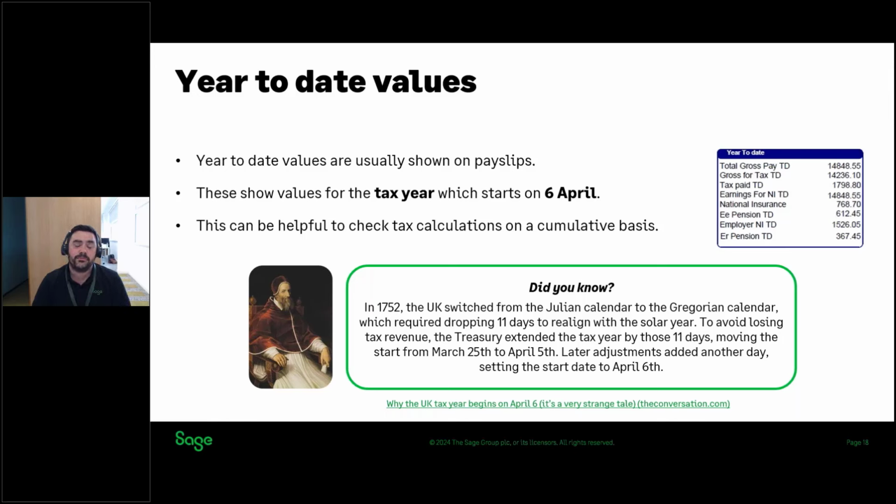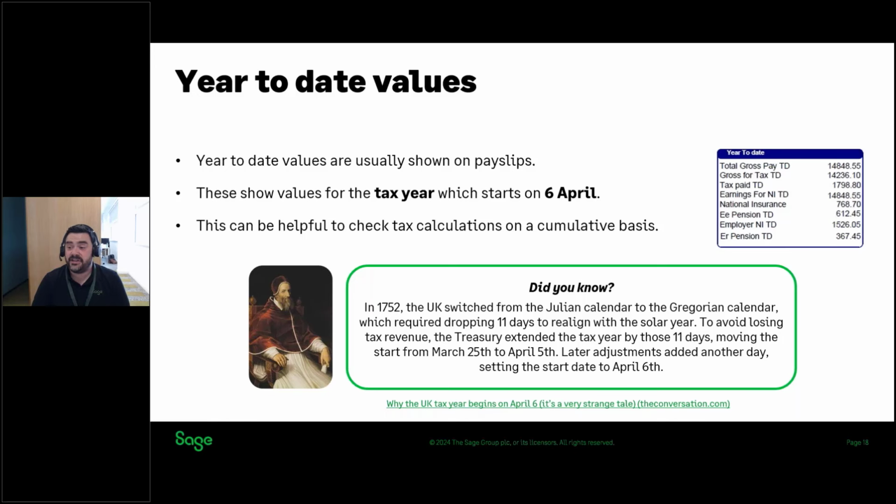The reason for this was to align our calendar year with the solar year, because we were getting a little bit behind because of the way that leap years were calculated. And when that switch was made by the UK, it did require 11 days to be dropped from the calendar to realign with the rest of Europe and with the solar year.